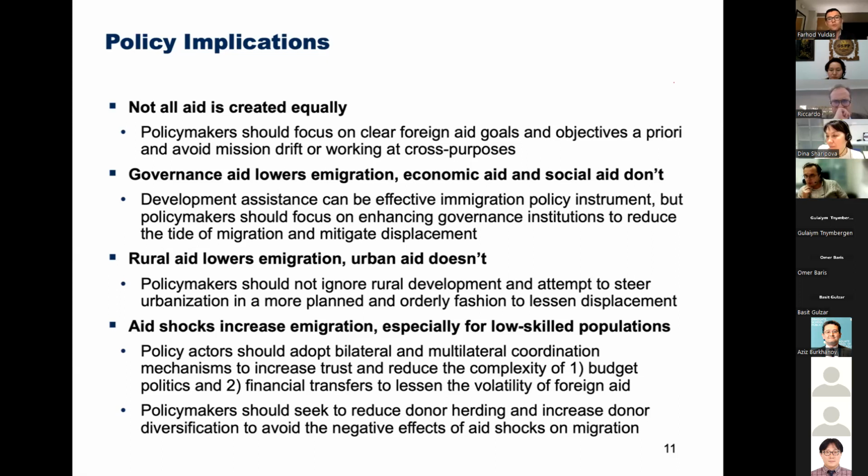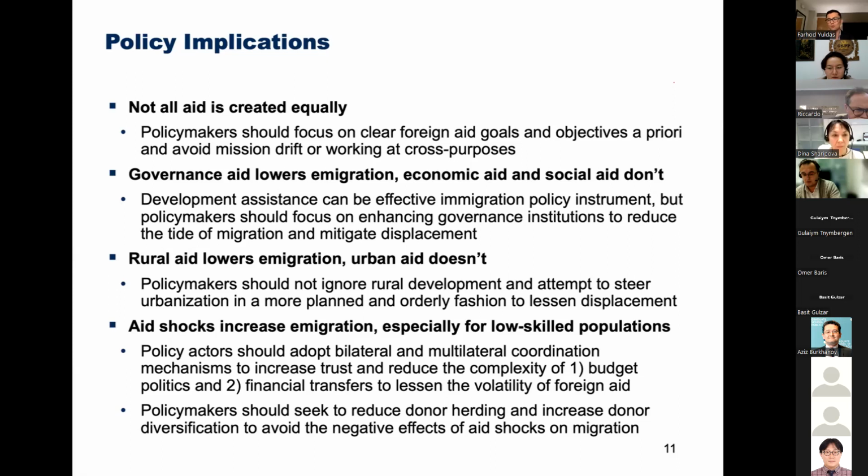And it would also be recommended to look into reducing donor herding, as well as increasing donor diversification to avoid some of these negative effects of aid shocks on certain countries. Because as we know, some projects might seem really good in media and for PR and other political reasons.